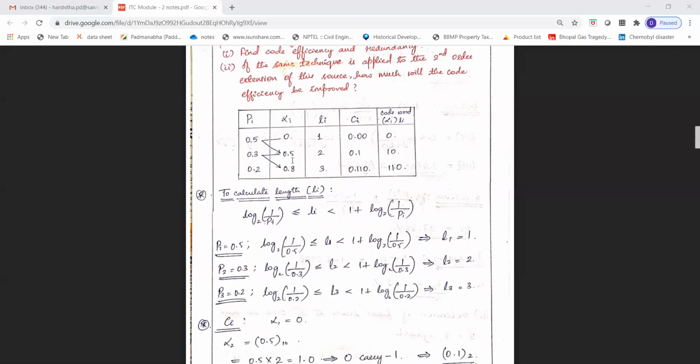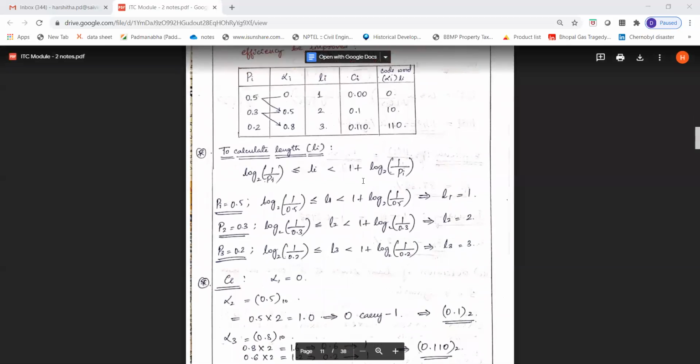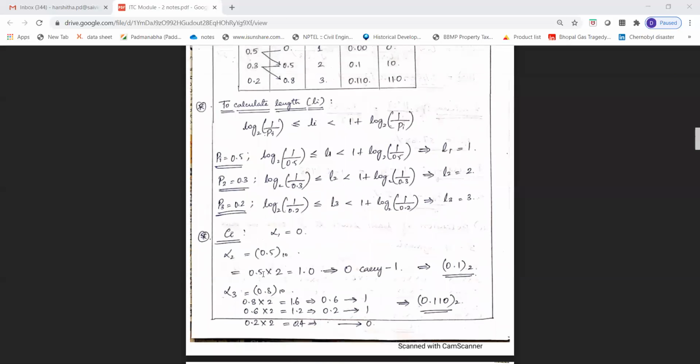Next, the binary value of 0.5. How will I calculate the binary value? I'll take this alpha equal to 0.5, which is in decimal, so I'll write 10 as the subscript. Now I need to convert it into a binary value, so I'll multiply it by 2. 0.5 times 2, I'll get 1.0.